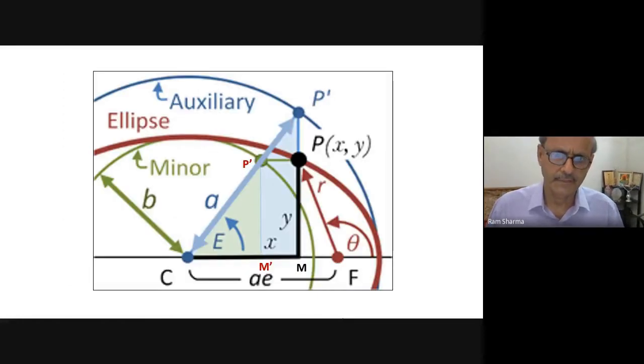Now this figure is important, because from these figures we can derive the equations. We know that from the center to the focus the distance is a times e. These are all properties of the ellipse. If the semi-major axis is a and the semi-minor axis is b, then we can calculate the coordinates in terms of these parameters.